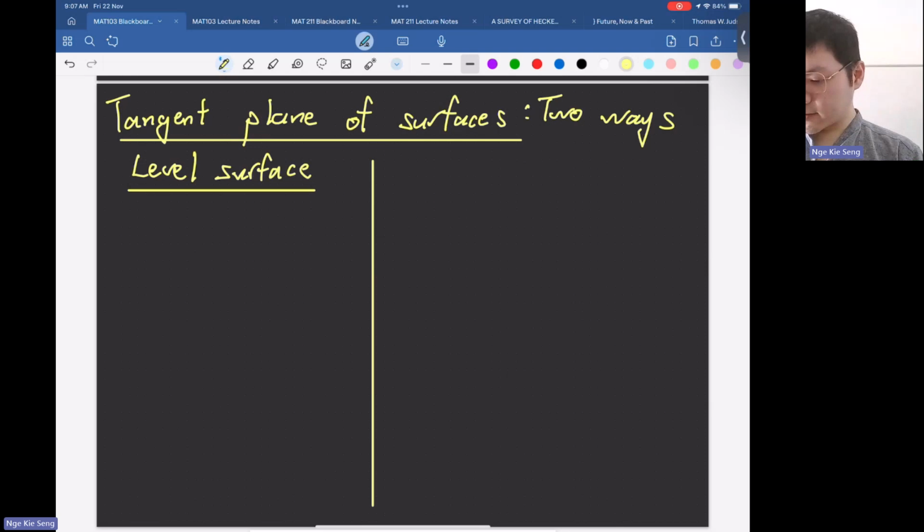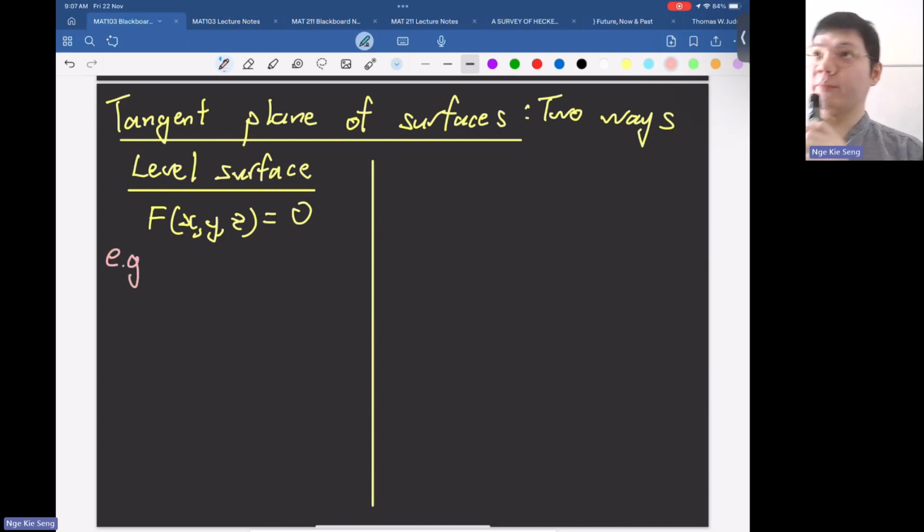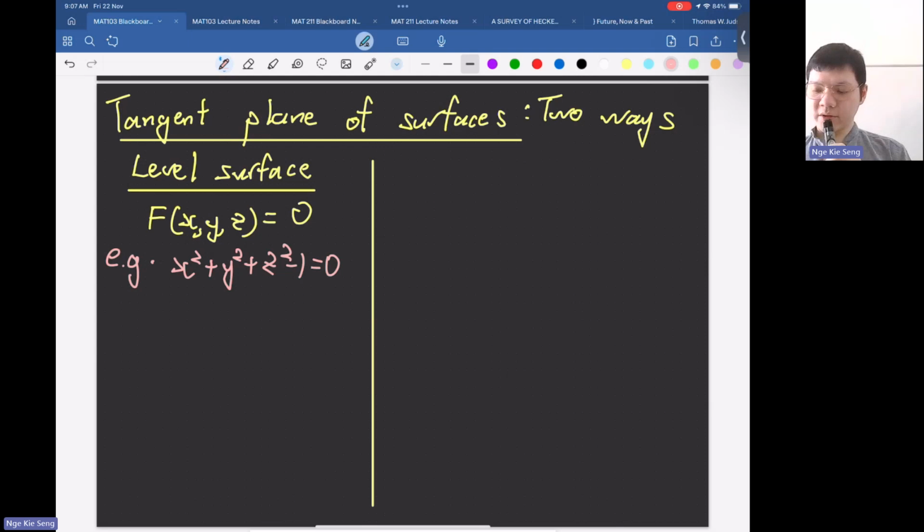So what kind of level surface is a general f(x, y, z) equals 0? What kind of level surface appears in your mind? For example, x squared plus y squared plus z squared minus 1 equals 0. What surface is this? This equation defines what kind of surface? Sphere. Okay, so this is a sphere.